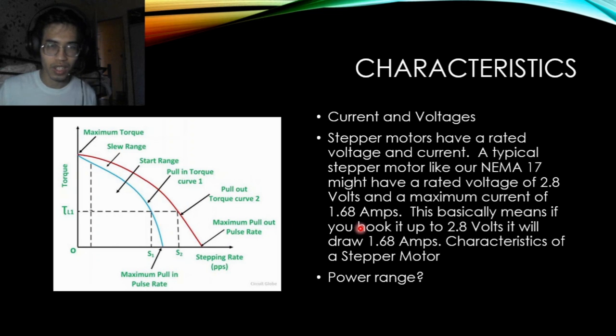So for the current and voltage, commonly we use a NEMA 17. Its voltage is 2.8 volts and the maximum current used is 1.68 amperes.